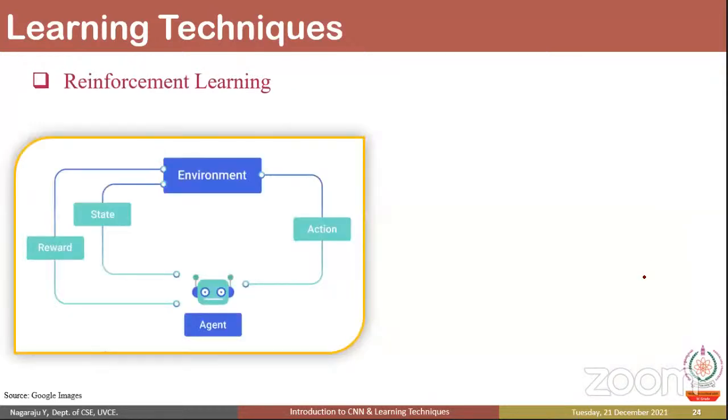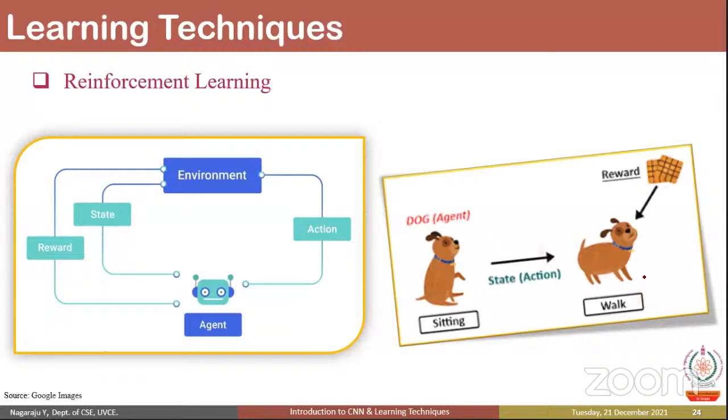Okay, so next is reinforcement learning. The best example is how a dog learns.